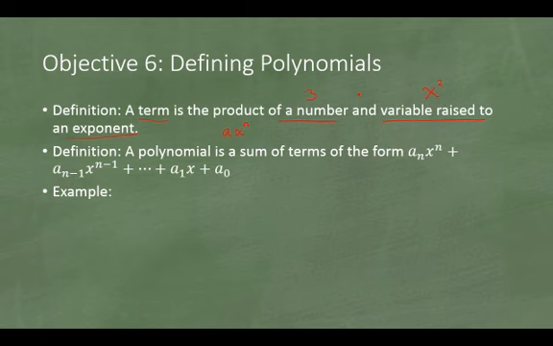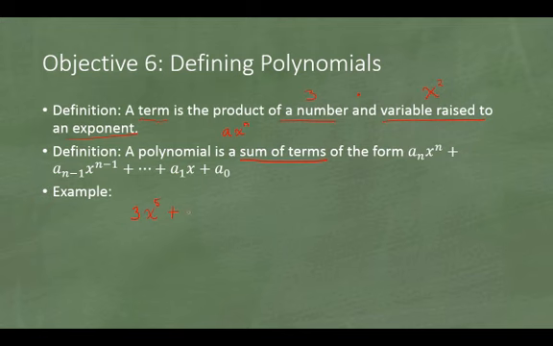A polynomial is a sum of terms of the form a sub n x to the n plus a sub n minus 1 x to the n minus 1, etc. As an example, take any number, let's say 3, and a variable, x, raised to some power, 5, plus, okay, so that's a polynomial, we have different terms separated by plus signs.